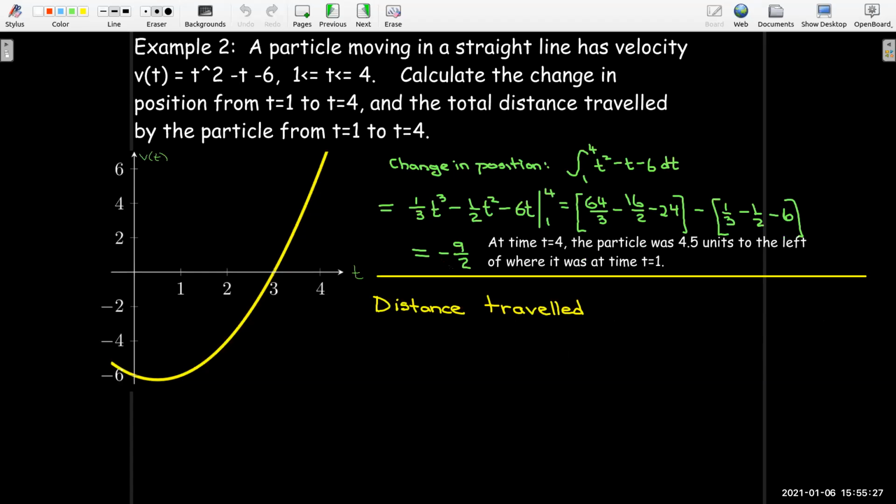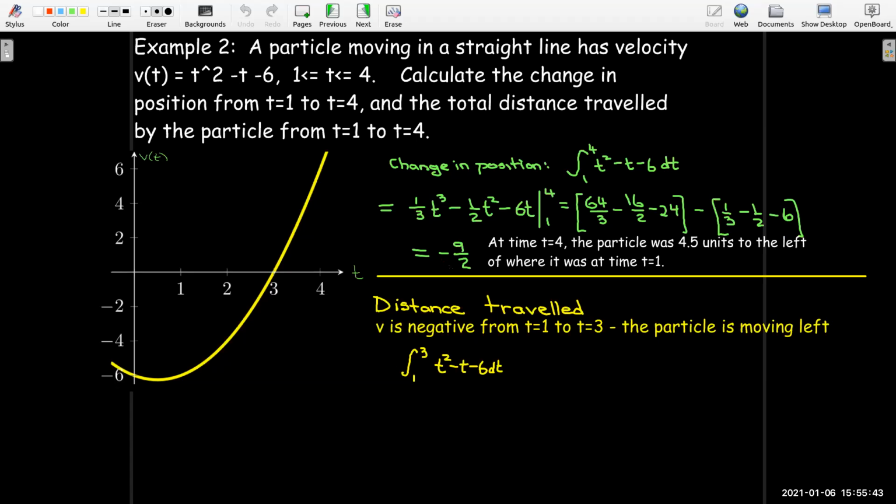So let's find out first how far we moved to the left. That's when v is negative. So I will calculate the definite integral from 1 to 3 of the velocity.